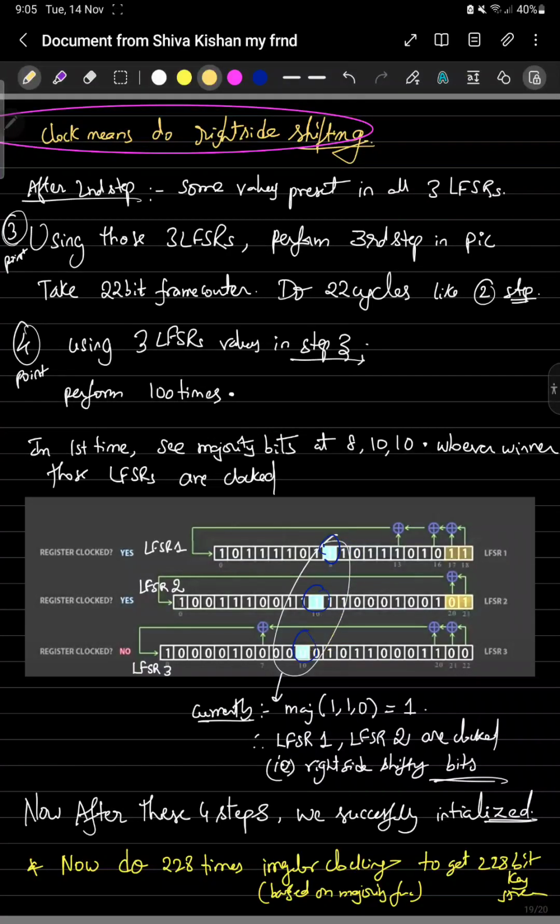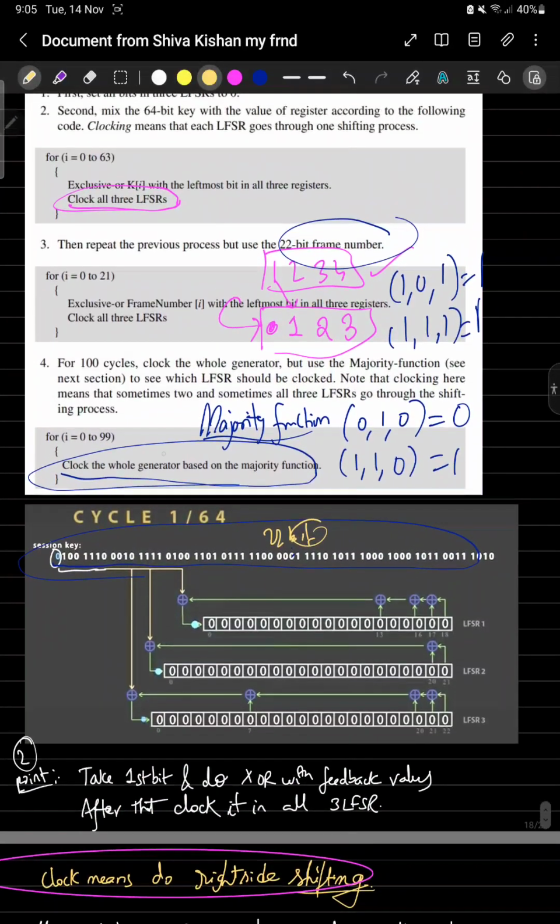What is the majority function? 1. So which LFSRs will you clock? This one, yes. And this one, yes. And this one, no. You will clock based on the majority function. But previously, what you were doing was clocking all the LFSRs. That's it.